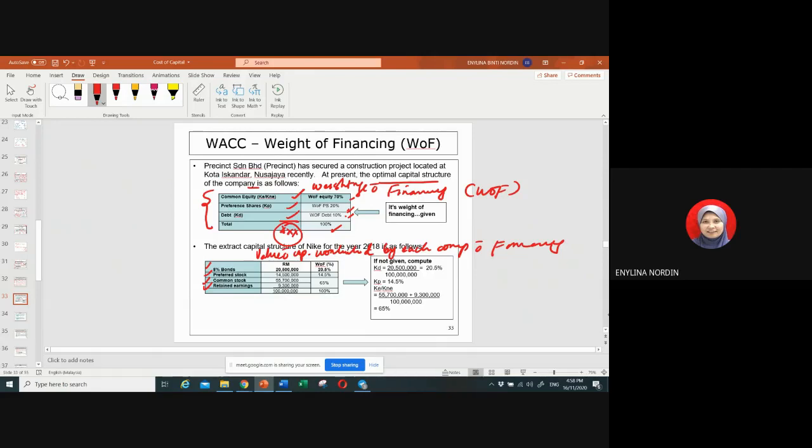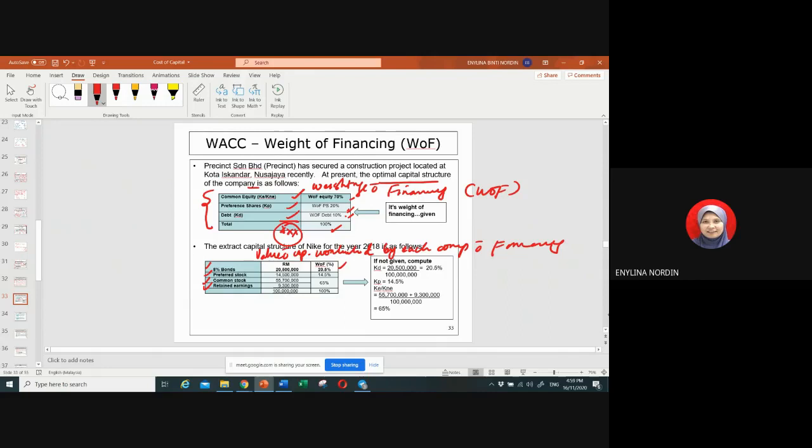For debts, 20.5 million ringgit, you divide by the total capital of 100 million, multiplied by 100%, then the weightage of financing is 20.5%. For the preferred stock, it's 14.5 million, you divide by the total capital of 100 million, then the weightage of financing contributed by the preference shares is 14.5%.